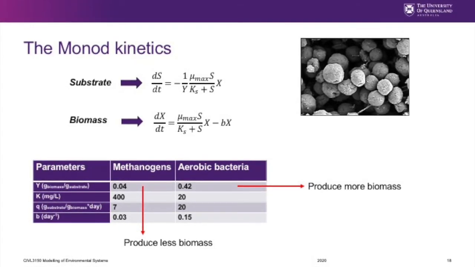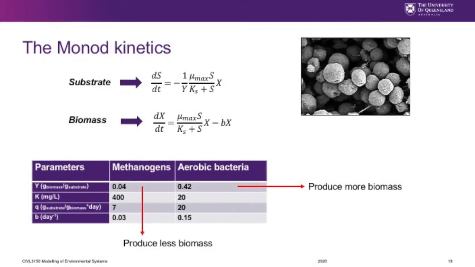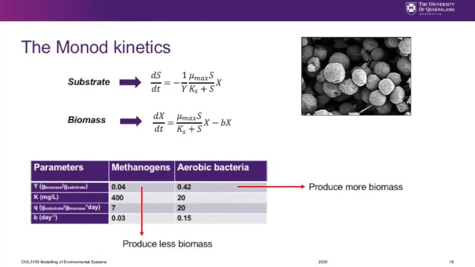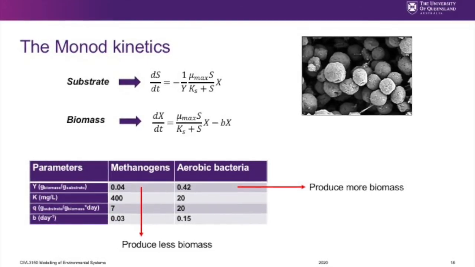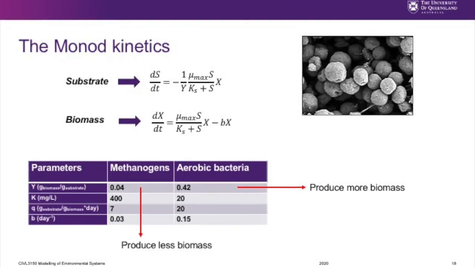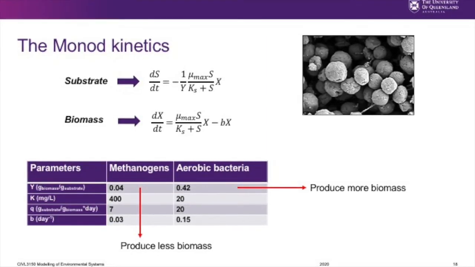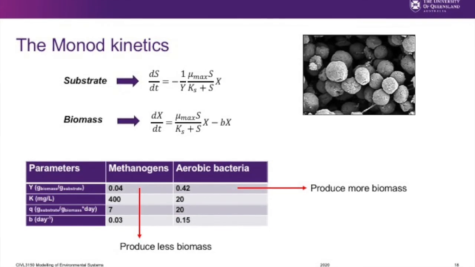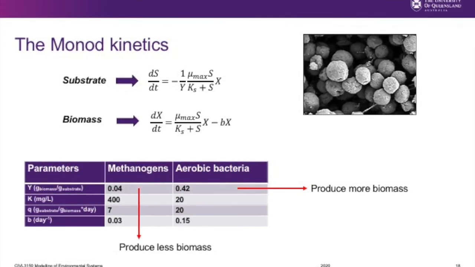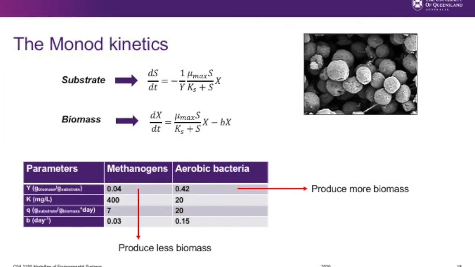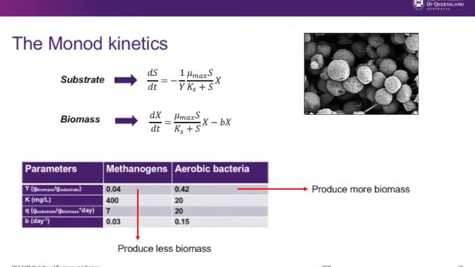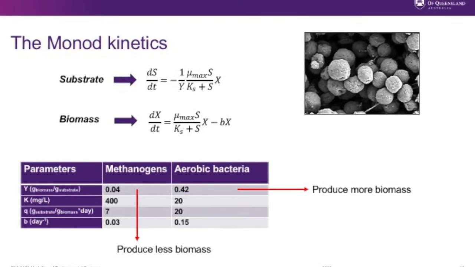But what I want to stress at this moment is the fact that these variables depend on the biomass characteristics or the type of biomass. So different types of microorganisms will have different mu max and different Ks.